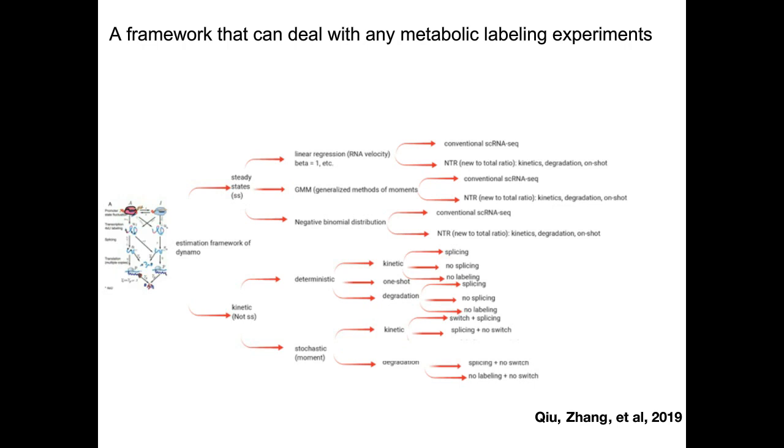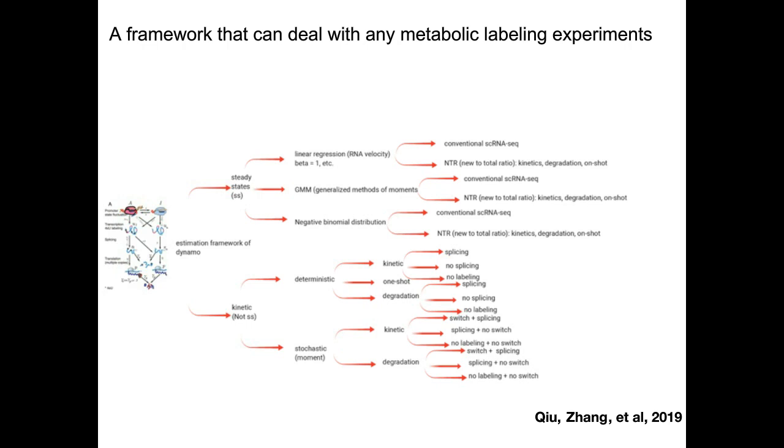For the stochastic model, we can use it to deal with kinetic or degradation experiments. And there we also need to deal with different model assumptions and data types. We can consider our model to include the promoter switch or not, include the splicing or not, include labeling or not. So this is very sophisticated and very comprehensive.